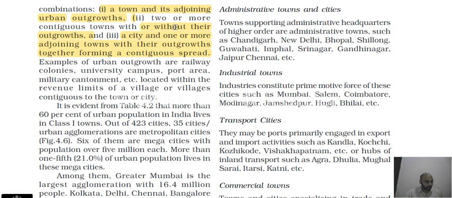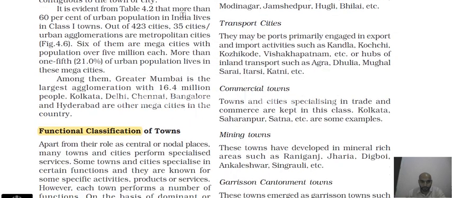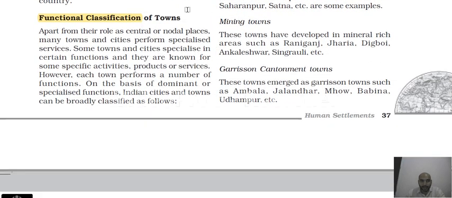Srinagar, Ludhiana, Amritsar, Chandigarh, Faridabad, Delhi, Jaipur, Jodhpur, Surat, Baroda, Greater Mumbai, they all come under urban agglomerations. And out of them all, Greater Mumbai is the largest agglomeration.